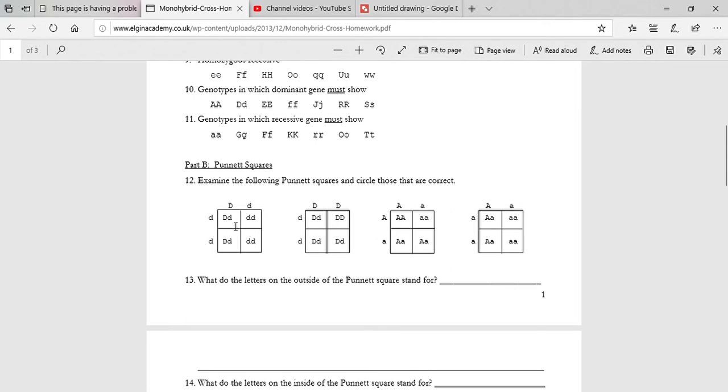So in this case, let's say that D represents dark eyes and is dominant to light eyes, represented with the lowercase d.